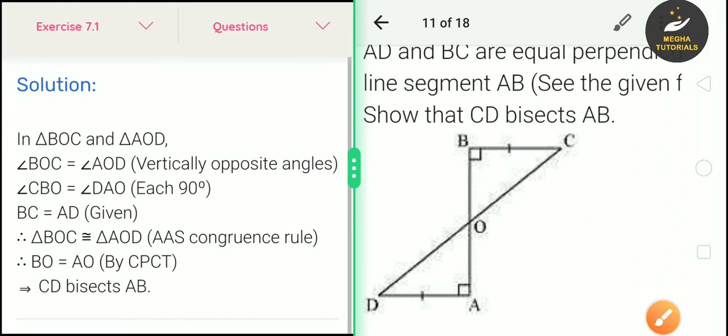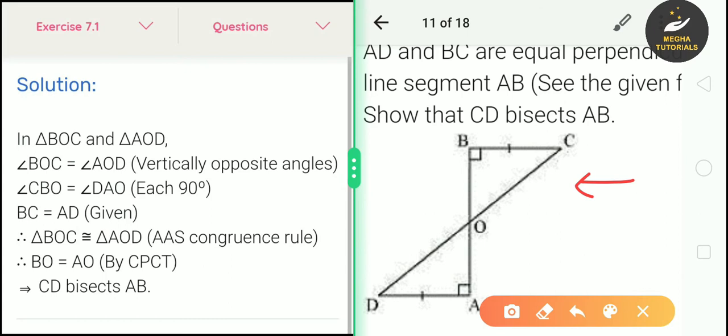Now select any one triangle. So let's select triangle BOC. So angle BOC, then angle CBO, so first angle, second angle, and then side BC. So angle angle side. Therefore triangle BOC and triangle AOD are congruent using the AAS congruency test.